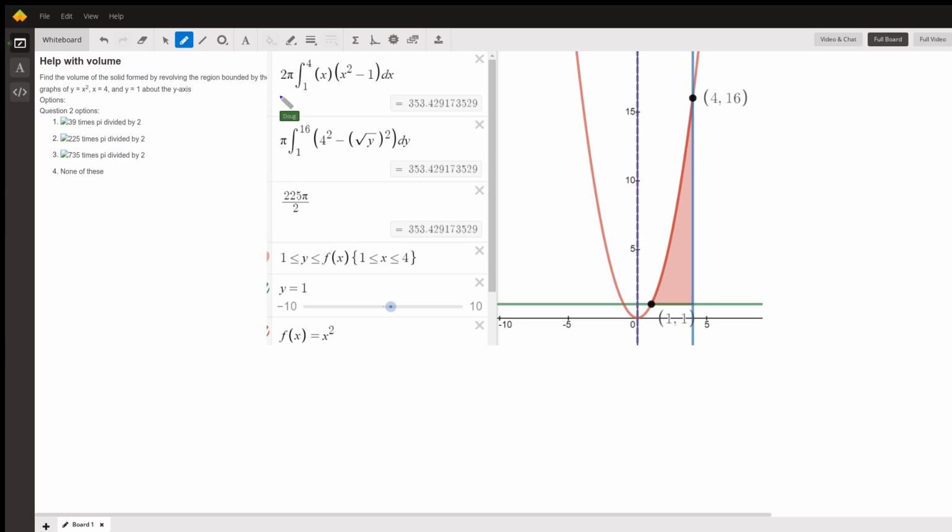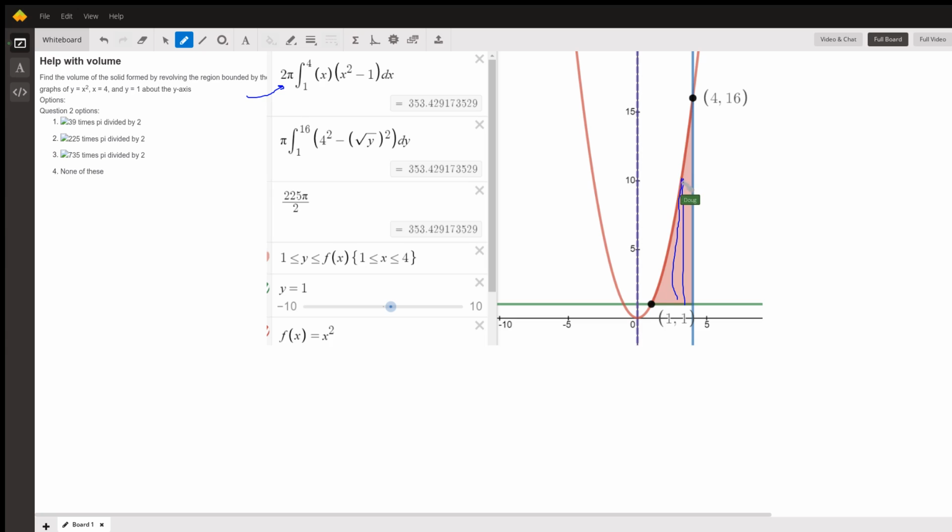You can use the shell method, which is probably the most straightforward, which is illustrated by this definite integral right here. If you're going to use the shell method, you want to think of a typical shell parallel to the axis of revolution. That's the height of your shell.